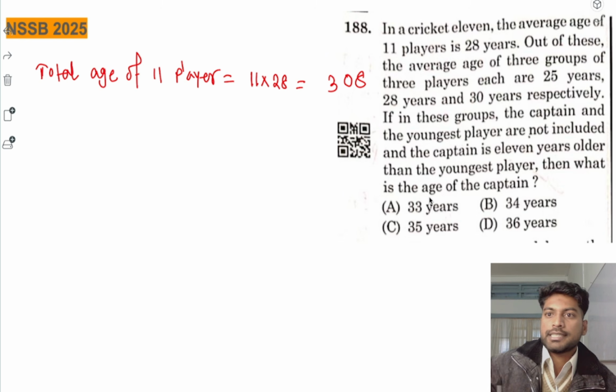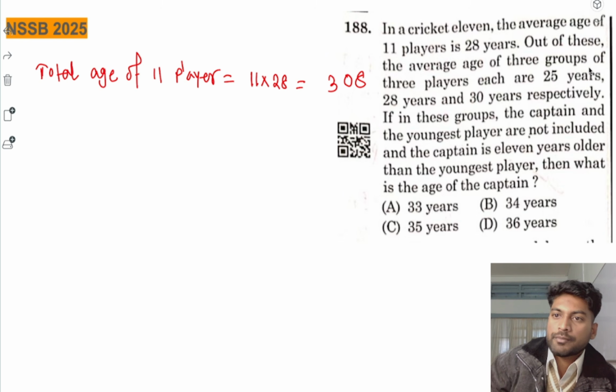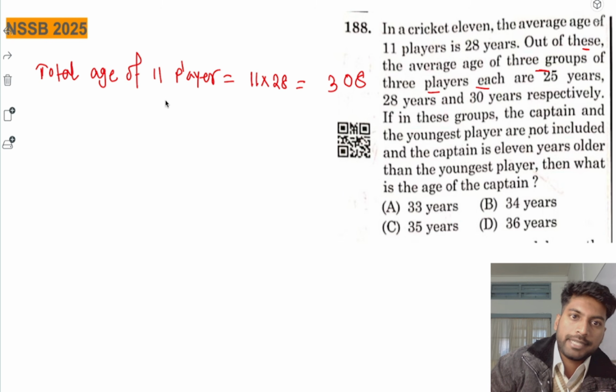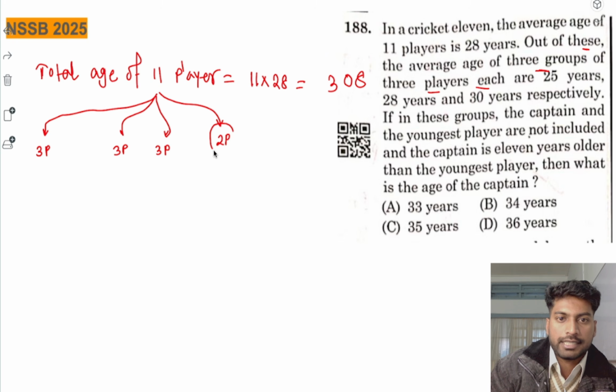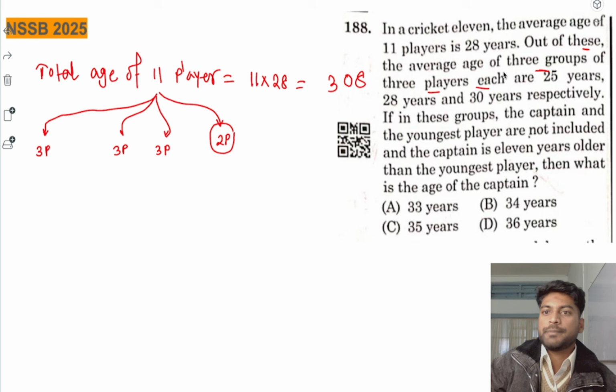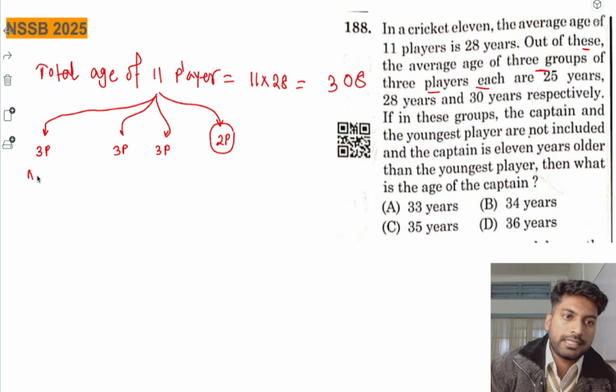Okay, now see, they are saying out of this, देखो यहाँ पे, the average of 3 groups of 3 players each. It means they made the 11 players ऐसे ऐसे करके बना दिया है: 3 players, another 3 players and another 3 players. 3 groups of 3 players have been made, and 2 players they kept aside. Okay, like that. So average यहाँ पे लिख रहा है, कितना लिखा है? 25.